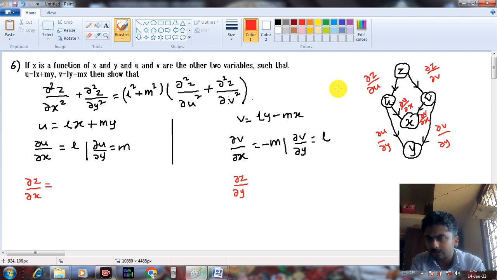So to reach x from z we are having two steps: ∂z/∂u into ∂u/∂x plus ∂z/∂v into ∂v/∂x.